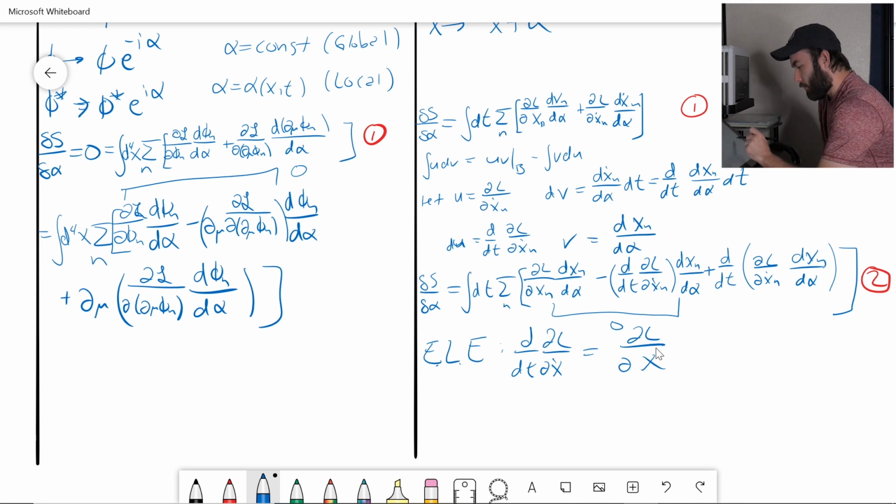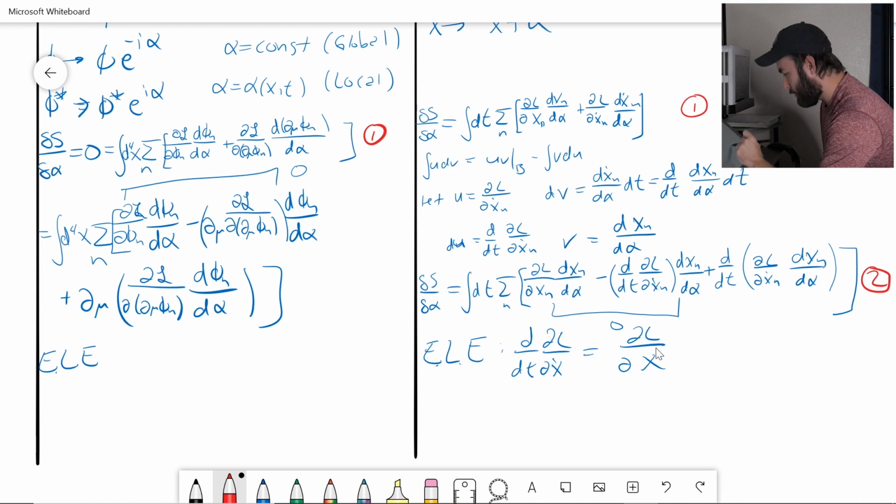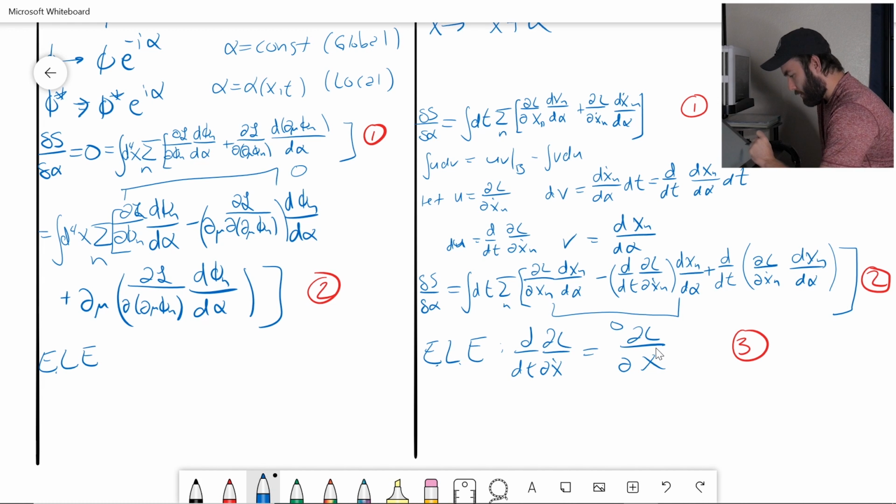Similarly, in field theory, we can write it this way. We would have the ELE. I guess we can go ahead and call this, so this would have been 2, and this will be 3. We have d_mu of dL/d(d_mu phi of the nth field) is equal to dL/d phi_n.